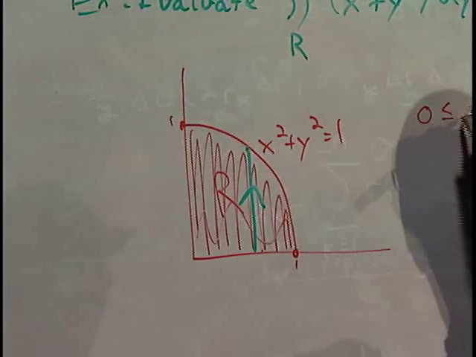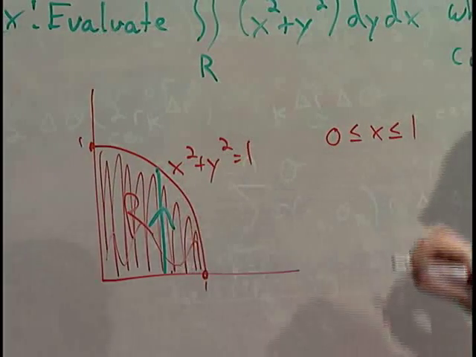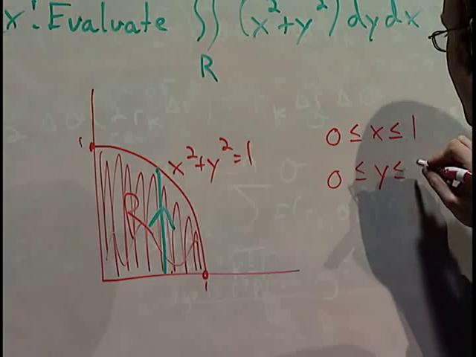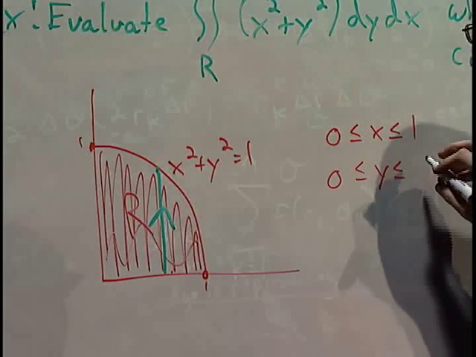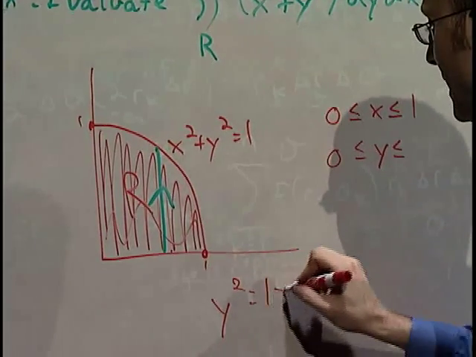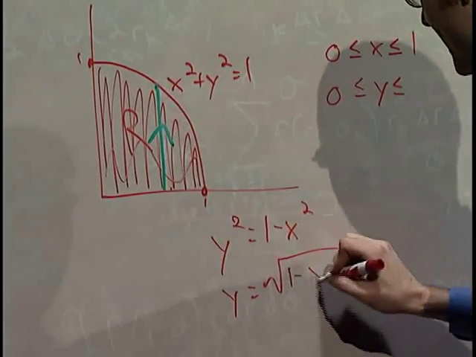So our x is bounded between 0 and 1, right? Our y is bounded between 0 and, let's see here, so if we solve that out, we get y squared equals 1 minus x squared. So y is the root of 1 minus x squared.